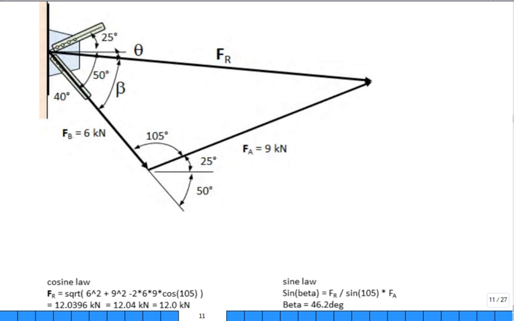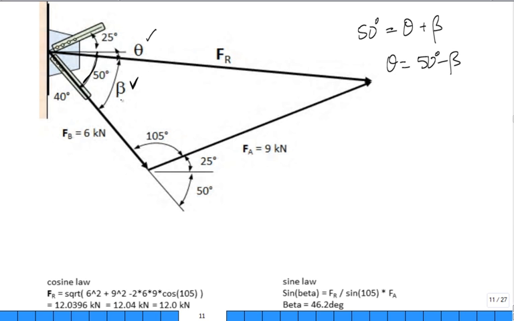To finish out this problem and to calculate theta right up here, I need to use the sine law and first calculate beta, and then notice that this angle 50 degrees is the sum of the unknown theta that I want to calculate, and beta, something that I will calculate using the sine law. So theta will come in at 50 degrees minus beta.